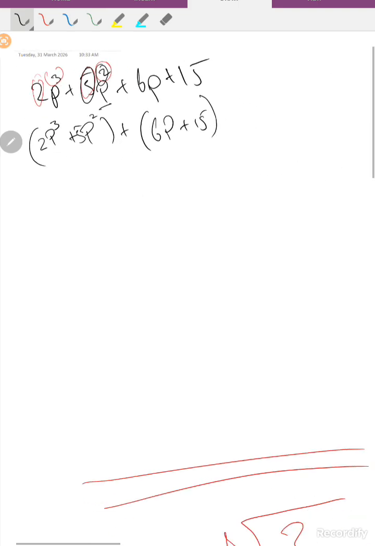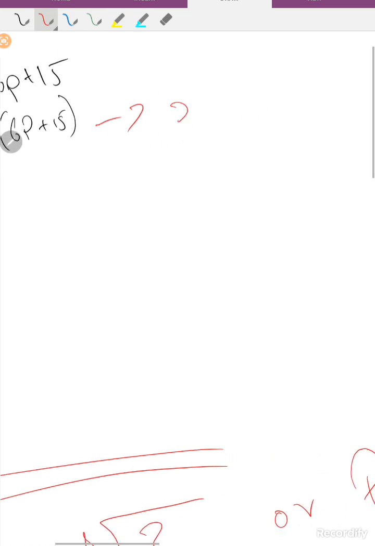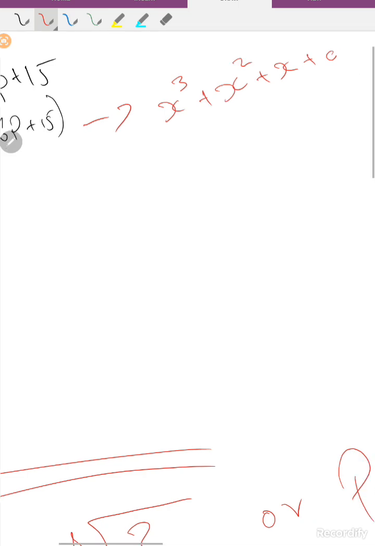So for example, why am I doing that? Remember that we have x cubed plus x squared plus x plus the constant number. Understand? Therefore, when you arrange these, you have to check first the highest common exponents. The highest common exponent is x cubed and then the x squared.